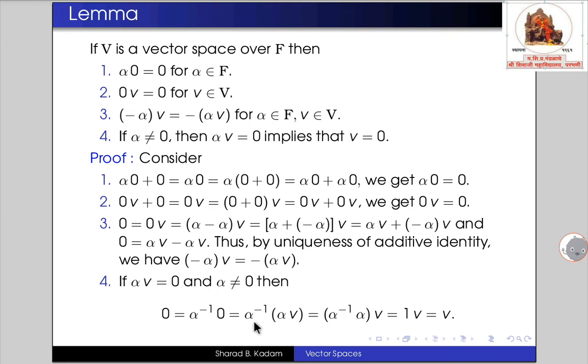So alpha inverse alpha equals to 1 and V is as it is. So 1 into V is V. So we have shown that if alpha is not equals to 0 and if alpha into V equals to 0, then V equals to 0. Thank you.